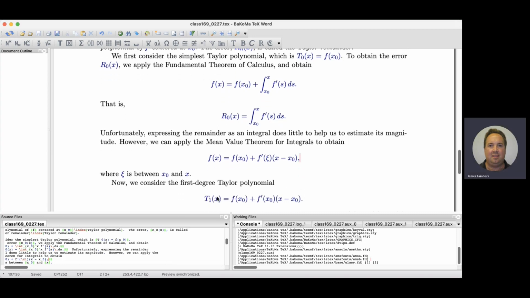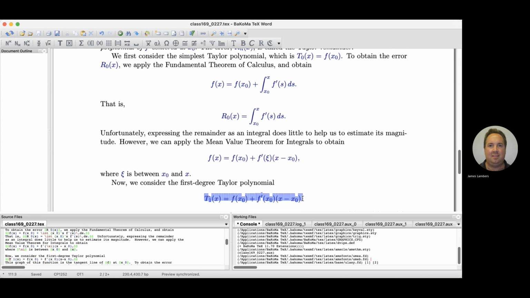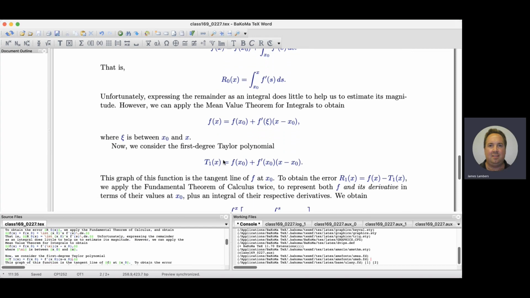So now I'll continue. Here's my first degree Taylor polynomial. So we include the second term of a Taylor series. Again, note the similarity. So now this is called the tangent line approximation of f at x naught.